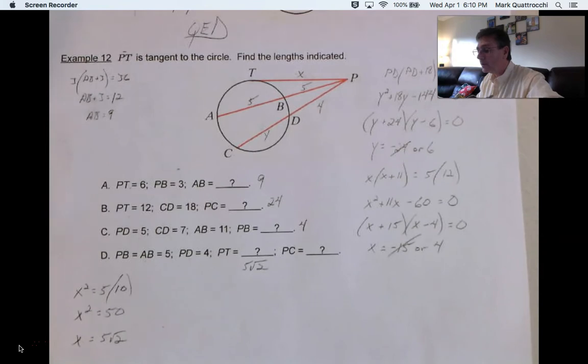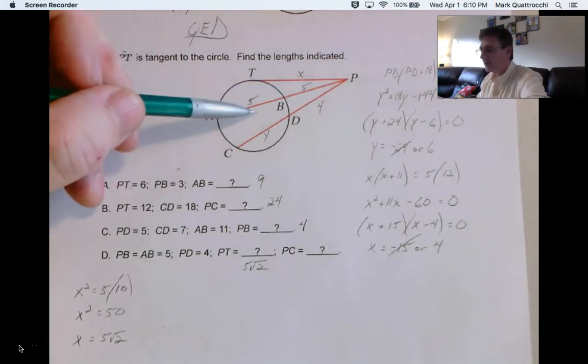PC is going to be, let's use the 5 and the 5 again.